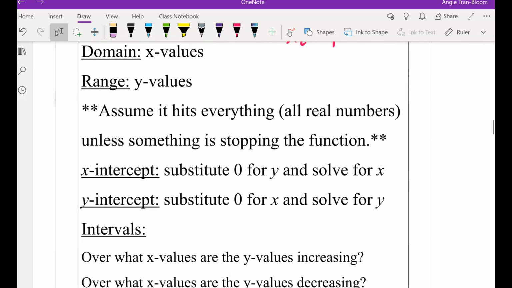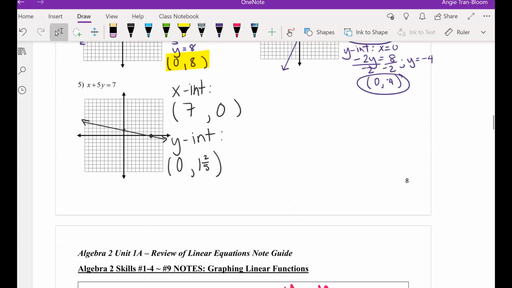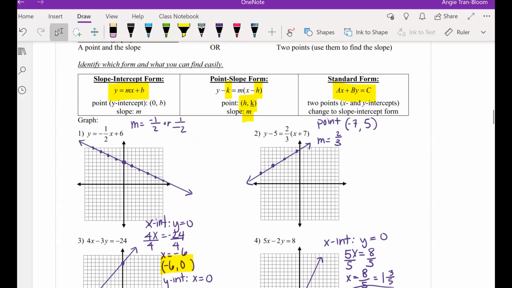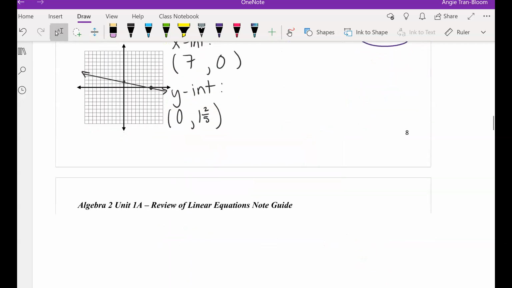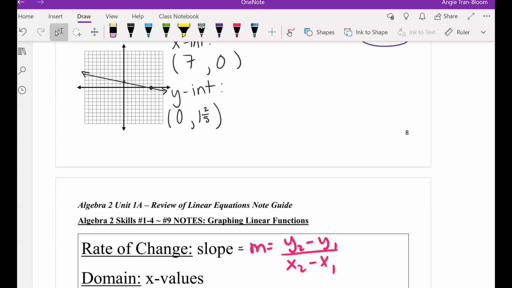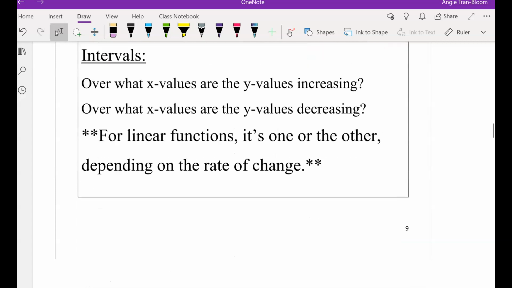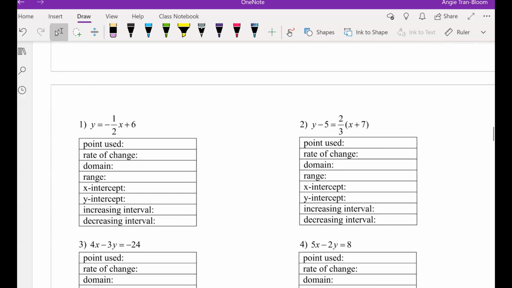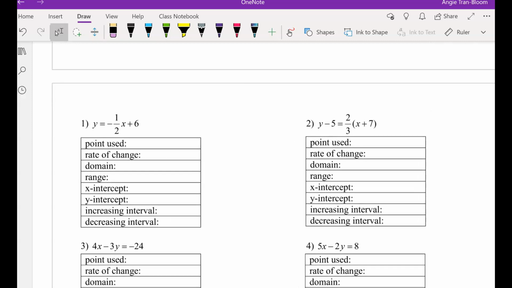Anytime you see the word point, you need to give me an x coordinate and a y coordinate. For number 1, we started out with 0, comma 6. I apologize, I need to go back and forth between these 2 pages. So for point used, we fill in 0, comma 6.